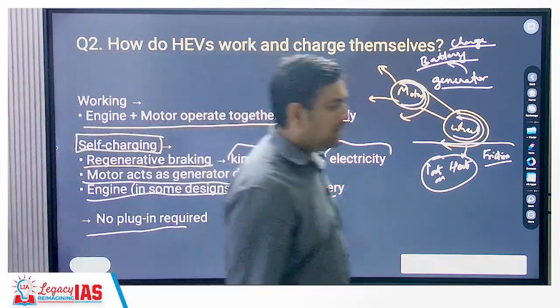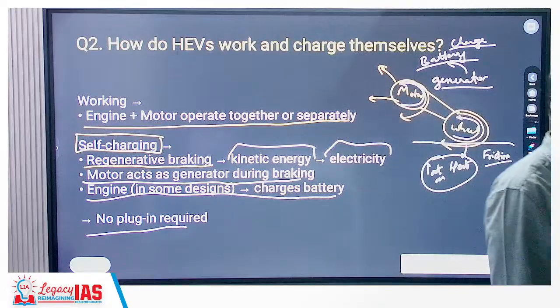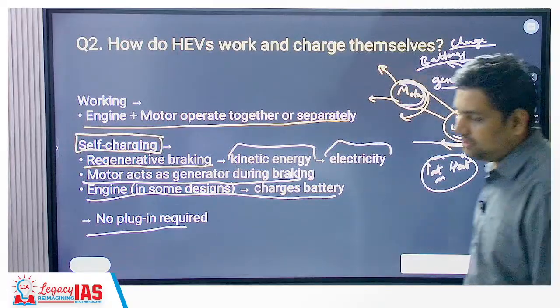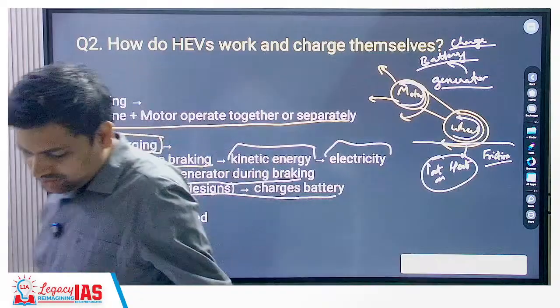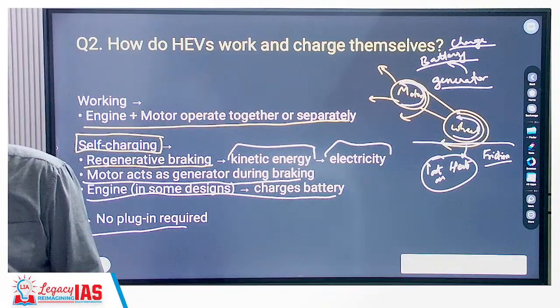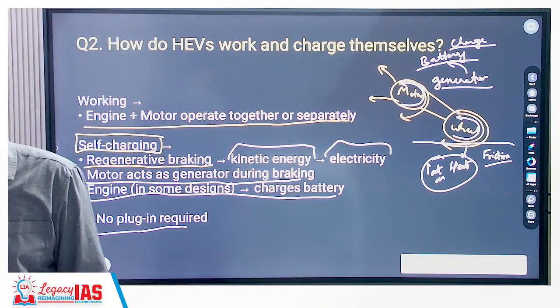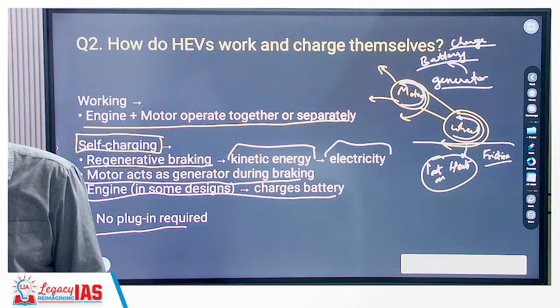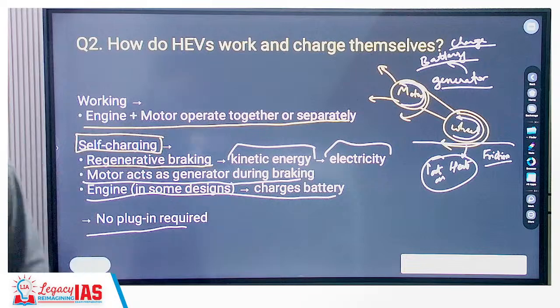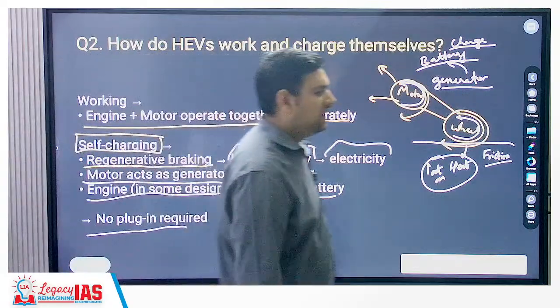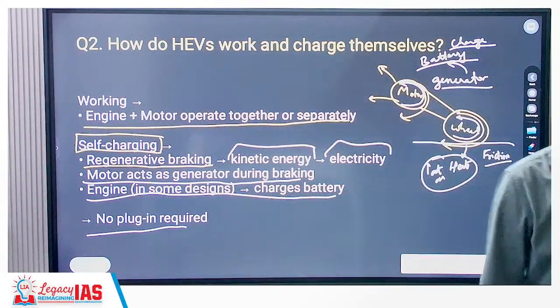So the ultimate aim is, see, electric vehicles have a major issue that you have to charge them, and that is what you want to fight. You don't want to charge them and you want to travel long distances using it without stopping anywhere. So hybrid electric vehicles may be the future that way.